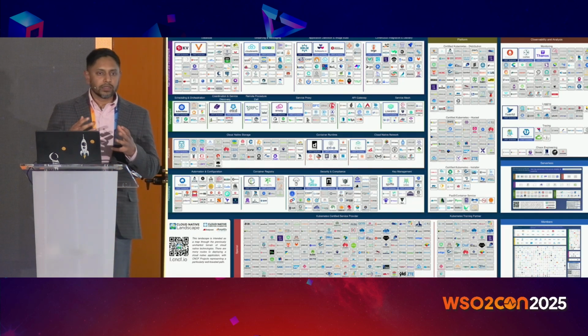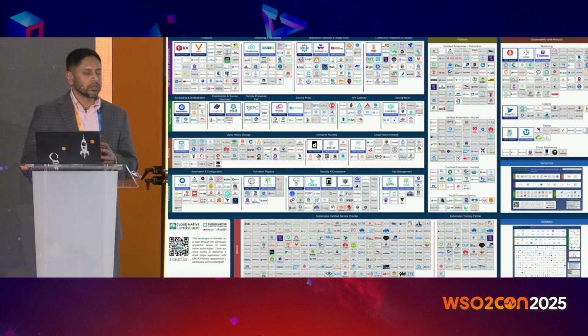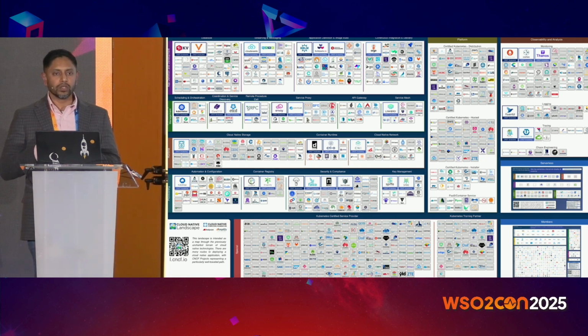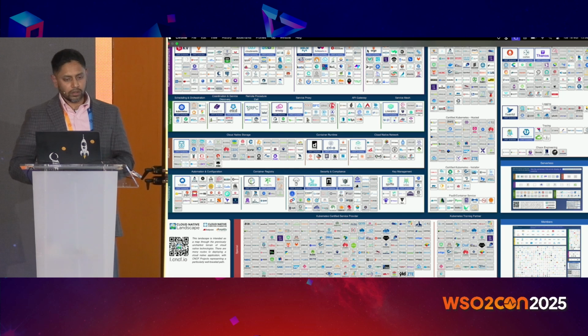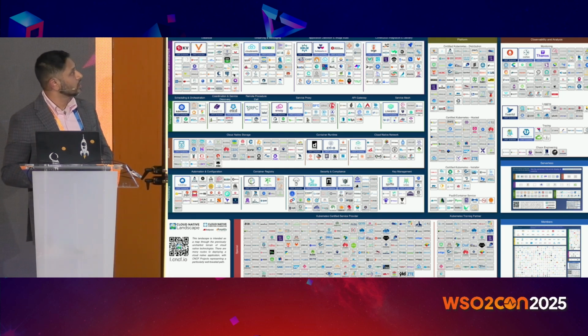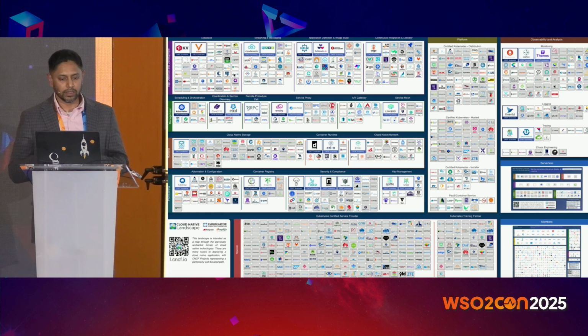So the tooling landscape, for a lot of the time, with microservices the promise is the tooling makes all the things easy, right? But this is a diagram from the Cloud Native Computing Foundation, or CNCF. If you look at the top left-hand corner here, it's basically the database technologies in CNCF.